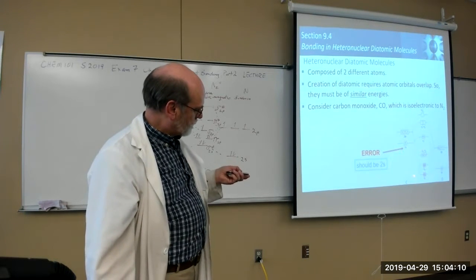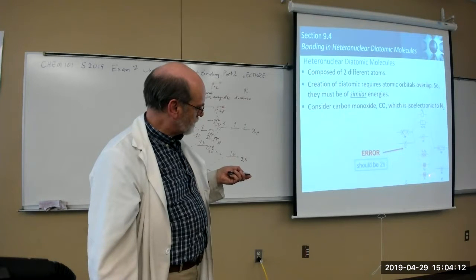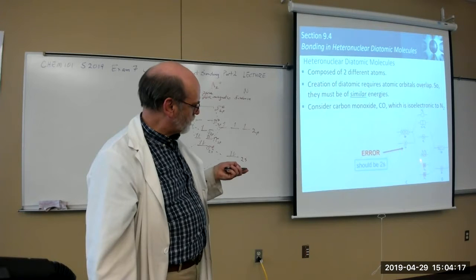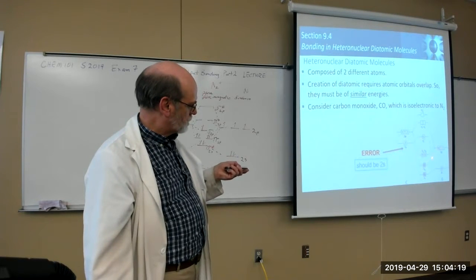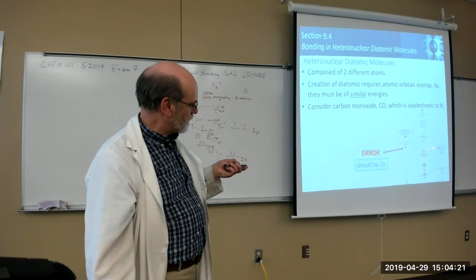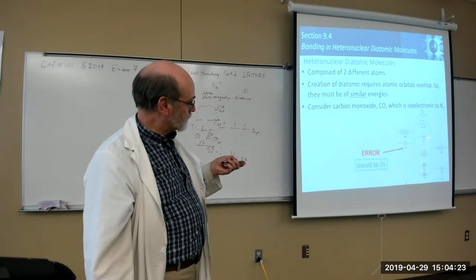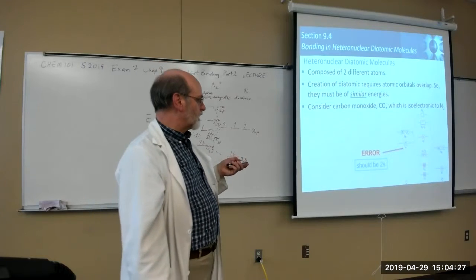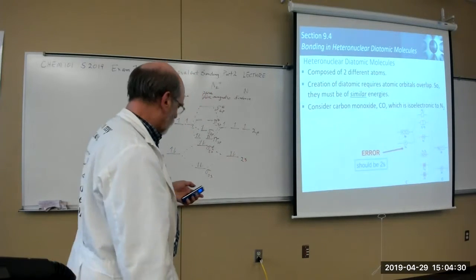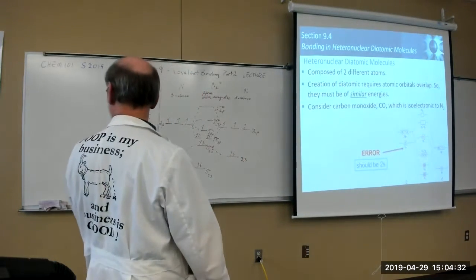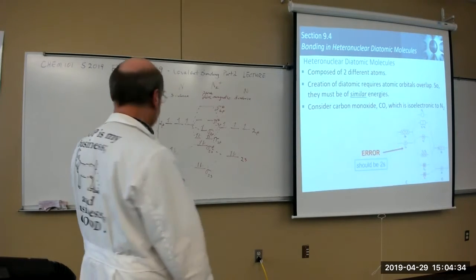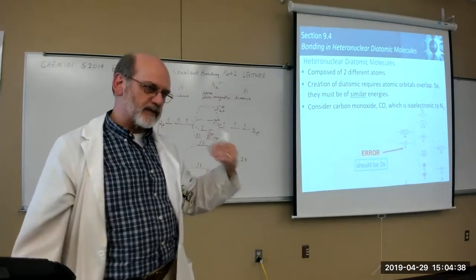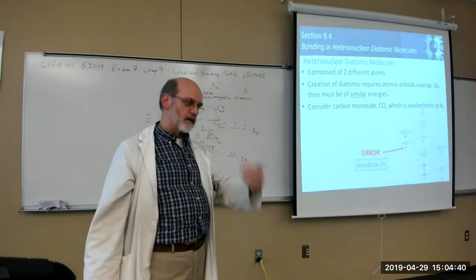So we get a sigma from the 2s, then we get a sigma from the p's, then we get pi's from the p's, then we get a sigma star and pi stars. So in this case, carbon and oxygen, the dicarbon would be experiencing sp mixing, the dioxygen not.